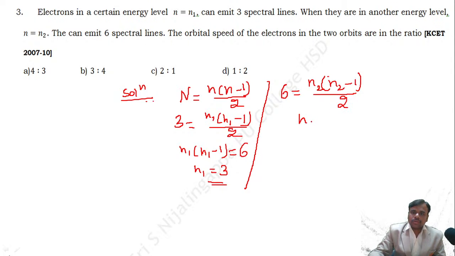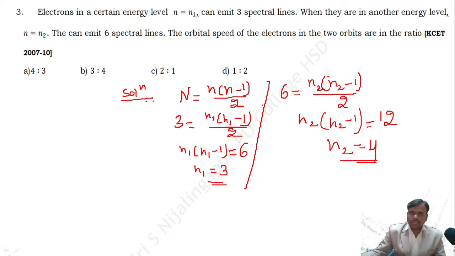Therefore, n2 into n2 minus 1 is equal to 12. Here also, we have both positive and negative values for n2, but we are choosing only the positive value. That is, we get n2 is equal to 4. That means by using this relation, we get both n1 and n2 values.